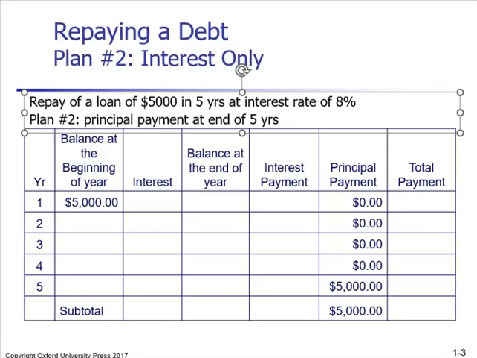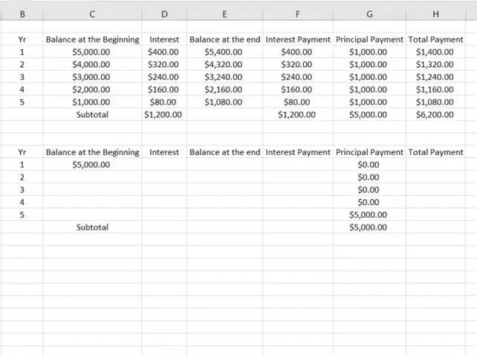Stop the video and good luck with your numbers. One point that we do when we compare different plans, this column is important. Interest payment. So remember, in the previous one we paid $1,200 over 5 years, and let's see what we will pay here.